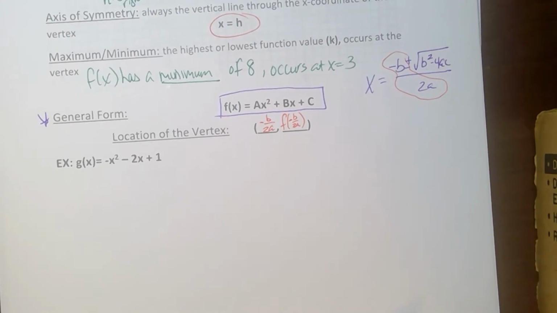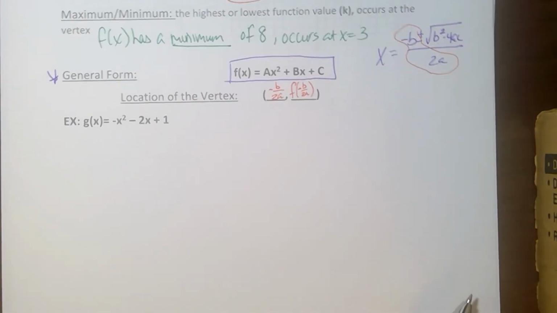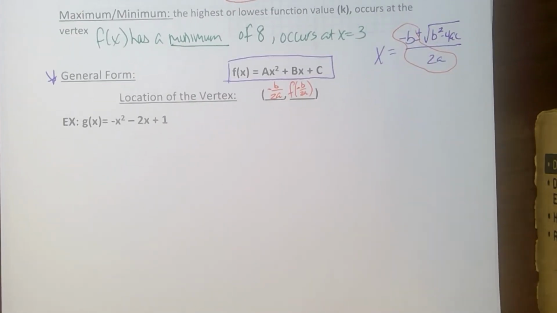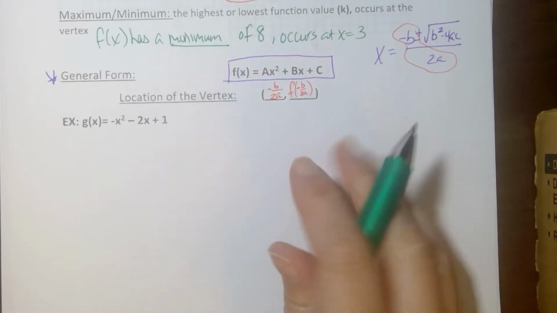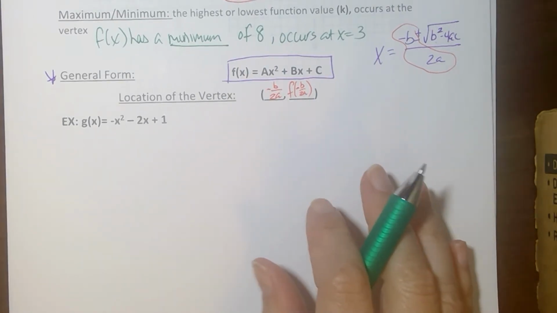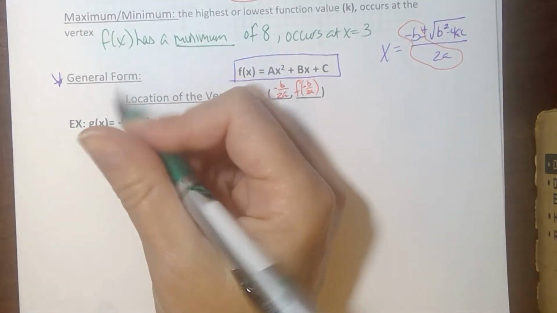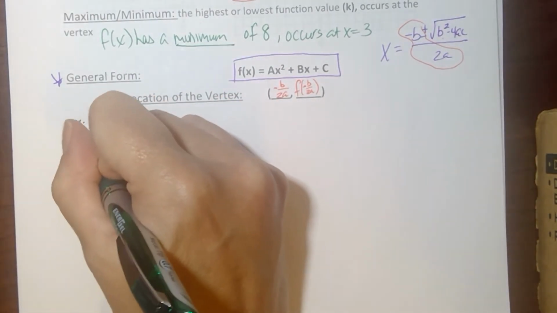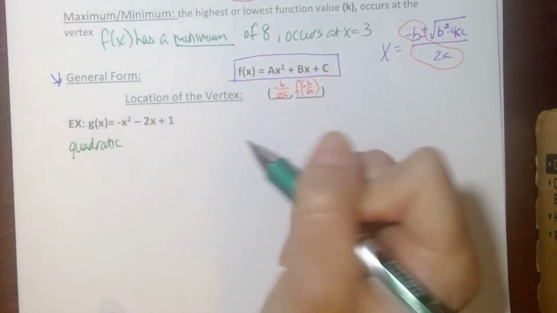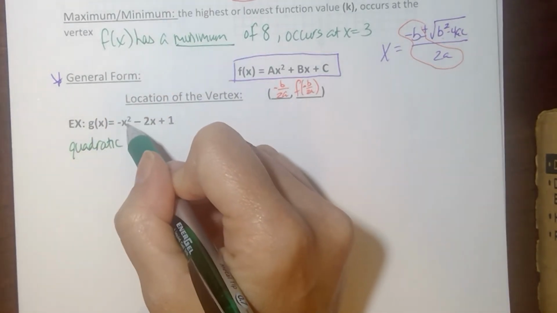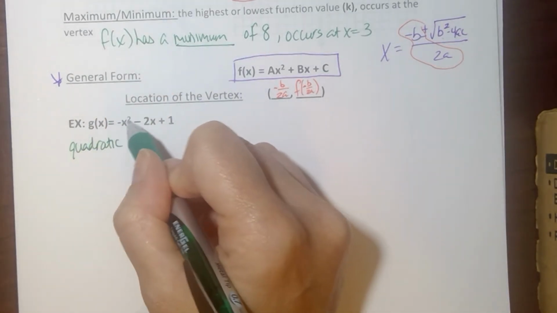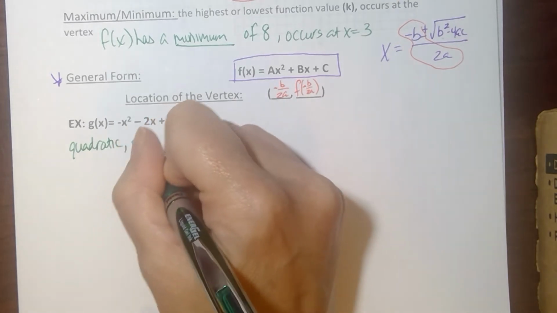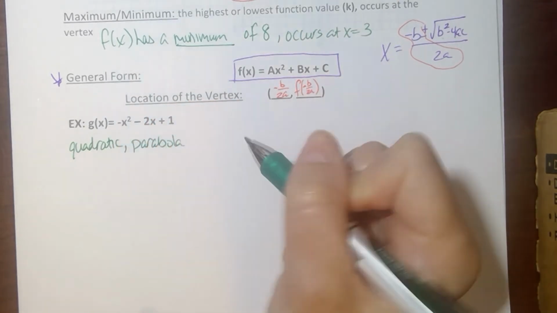Let's do an example. G of x is in general form, ax squared plus bx plus c. We want to know where the vertex is, and since it's not given to me in my graphing form, I don't know my transformations. What I know right now is that it's quadratic because it's a squared term, a squared function, second degree. That means that my graph will be shaped like a parabola.